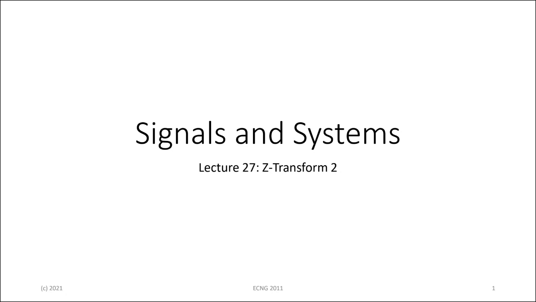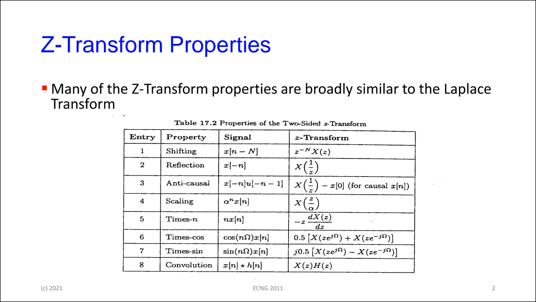We wouldn't have a long class today, but I want you to at least follow what we're doing. So the Z transform, like the Laplace transform, like the Fourier transform, there's a table of properties for them.